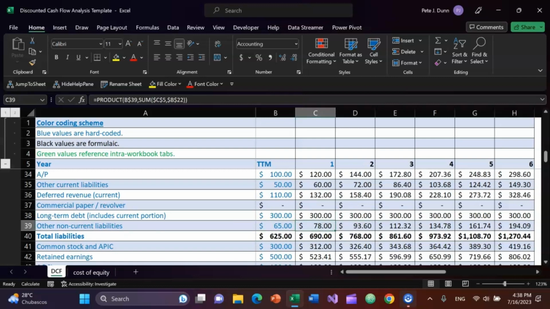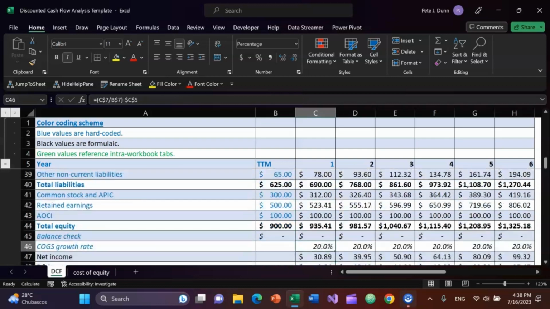Other current liabilities I grow with sales. Common stock and additional paid-in capital, that's last year's common stock and APIC plus the stock-based compensation expense that was in the income statement forecast. Retained earnings, there's a retained earnings schedule, which I will get to. Accumulated other comprehensive income is just straight lined, and that gets me to total equity.